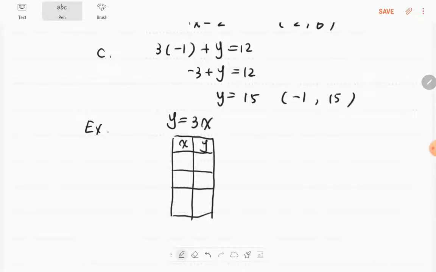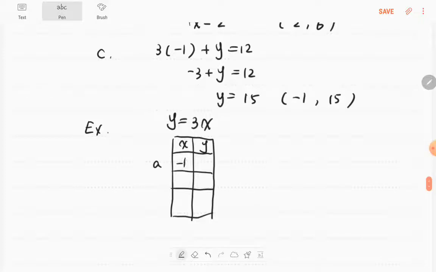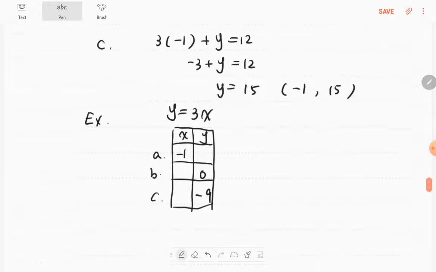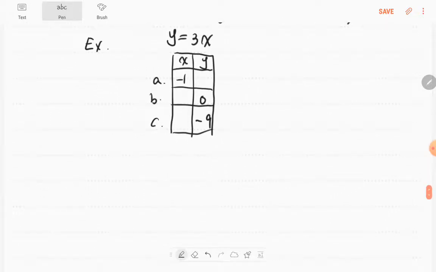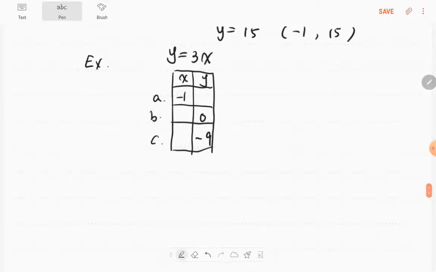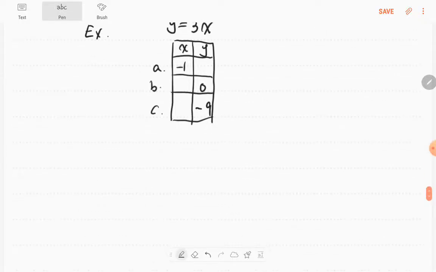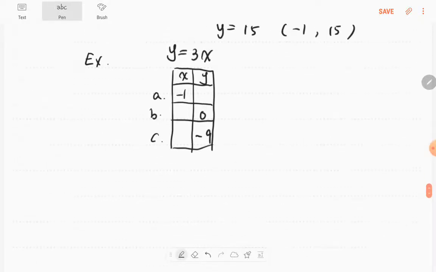So first, we know the first column is for x, and we have 3 points. So let's check how we can complete the table. It's almost the same thing as the previous example. This time we just use the table to list the different pairs.